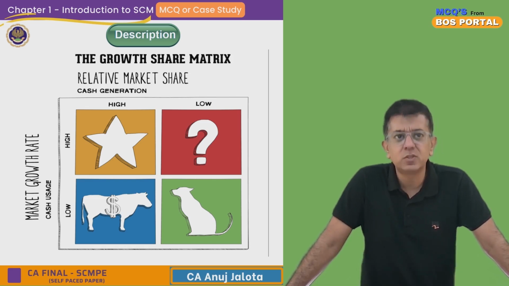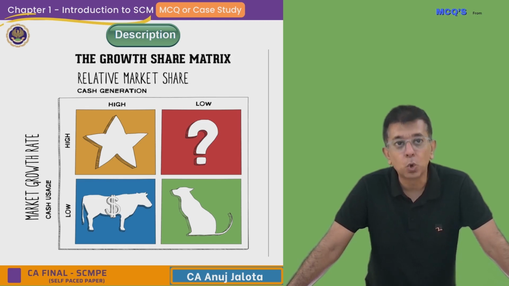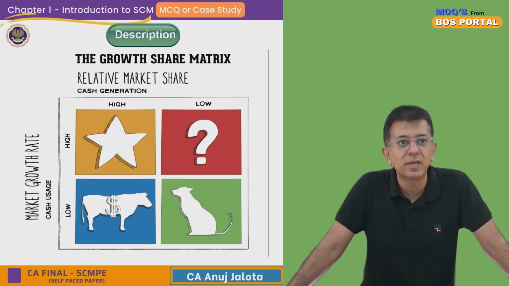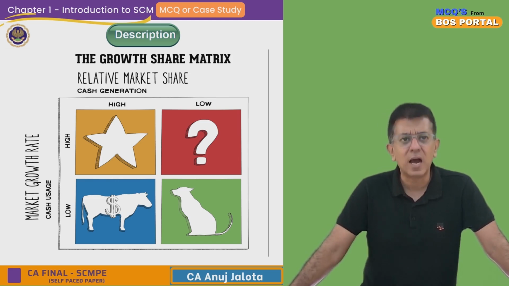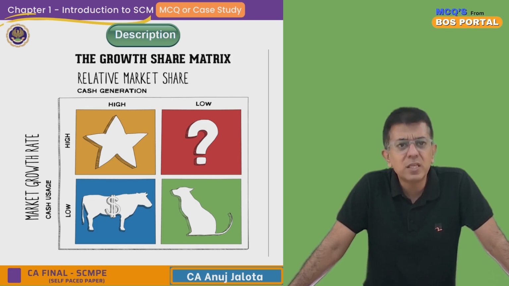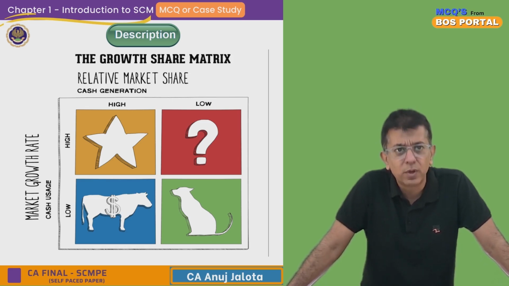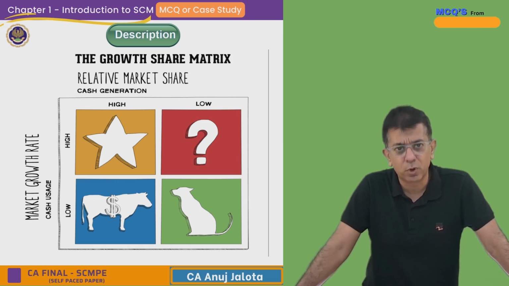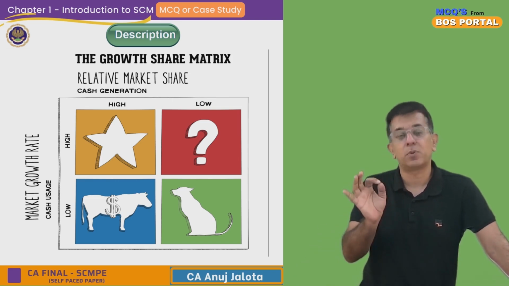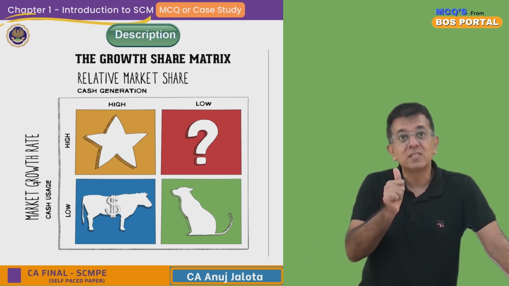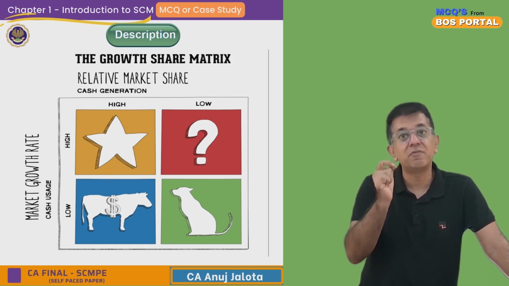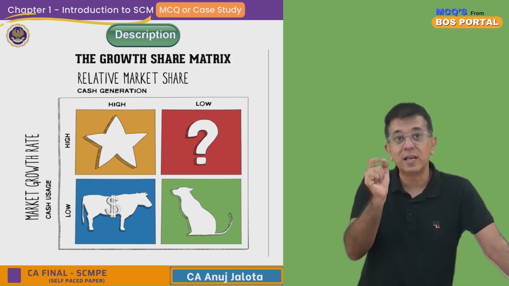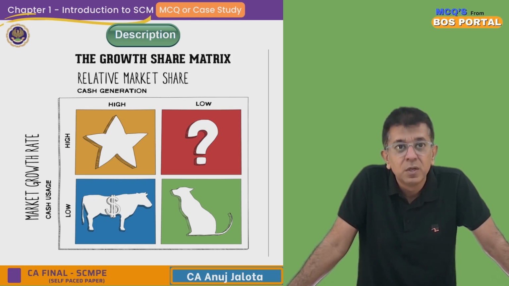On the y-axis we have market growth rate, which again can be high or low. A star product has very high market share and very high growth rate.